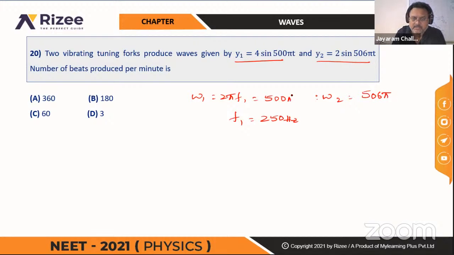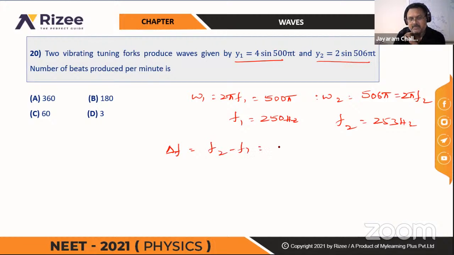Here also π. This should be equated to 2πf2. On solving, you should be getting 253 hertz. Now, the difference in the frequencies is the beats, which is f2 minus f1, which comes out to be 253 minus 250, which is 3 hertz.